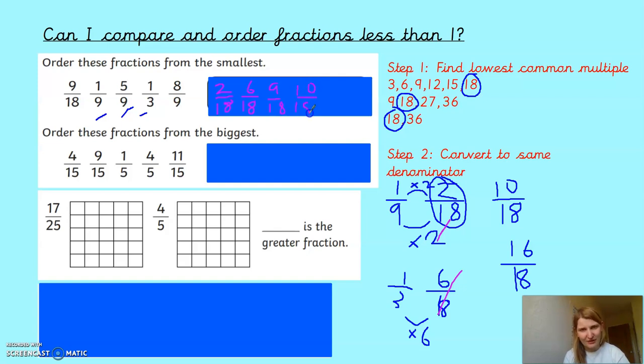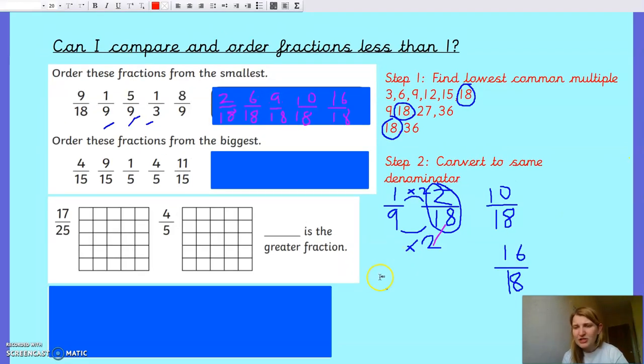Now, the final thing, though, I'd like you to have a go at. I've written them out in their new form with their 18ths. I wonder if you could have a go at my final step. Let me rub this out so I've got some room to type it on. Step 3 is write out the order in its original form.